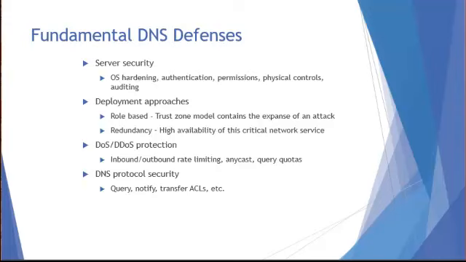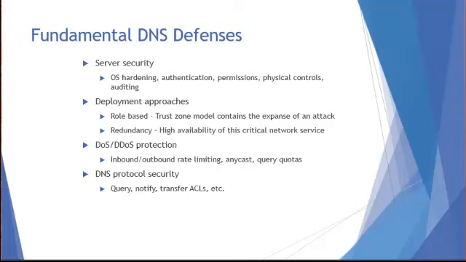Then also with redundancy, making sure that there's high availability. Clearly, as the first step in IP communications, DNS is critical, so having it highly available through redundancy is key. Denial of service attacks are really prevalent on any type of protocol, so inbound and outbound rate limiting is important.